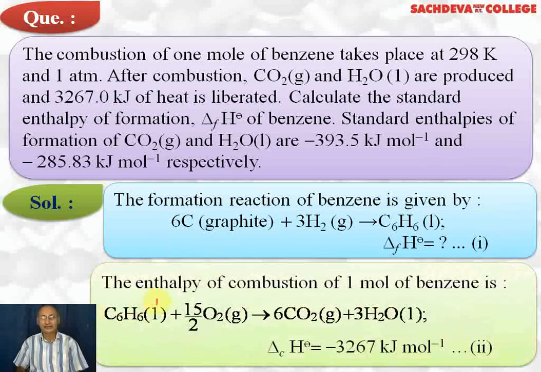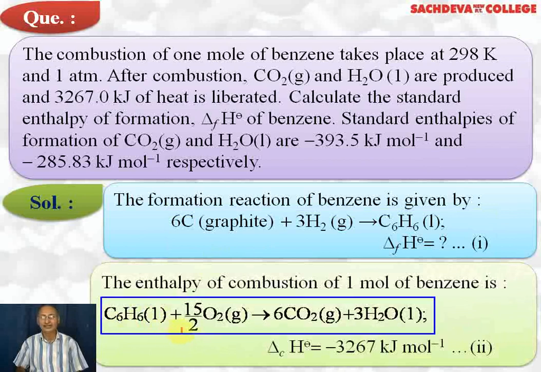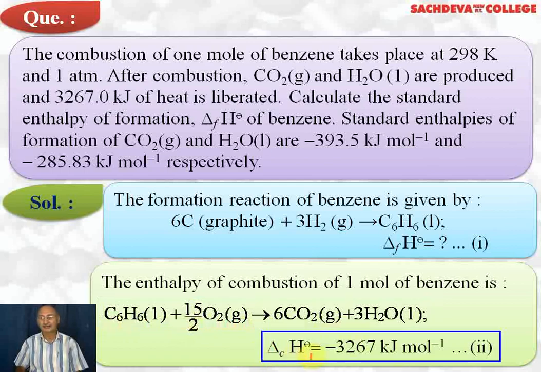We are given the enthalpy of combustion of 1 mole of benzene, that is C6H6 liquid plus 15 by 2 O2 gas. Here fractions are allowed because we have to keep benzene as 1 mole. 6 CO2 gas will be formed plus 3 liquid water will be formed, and delta H of combustion is given to be minus 3267 kilojoules per mole.